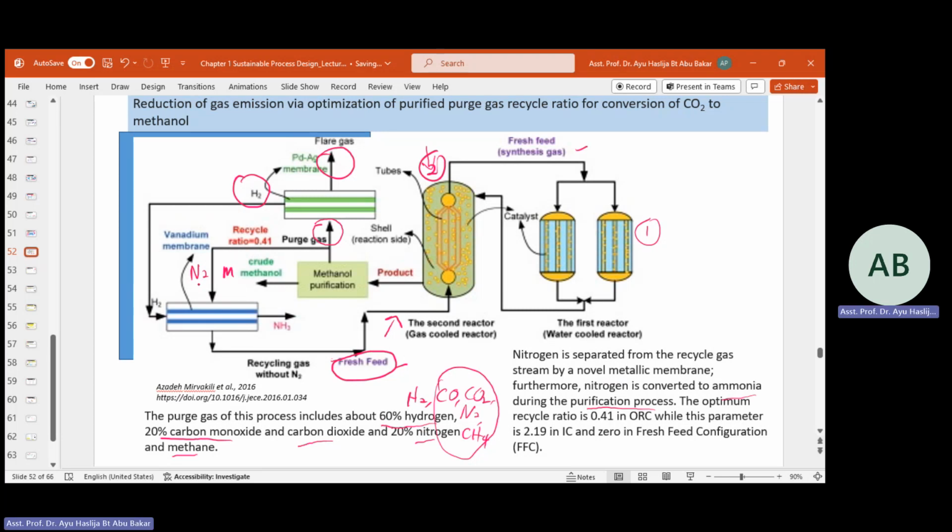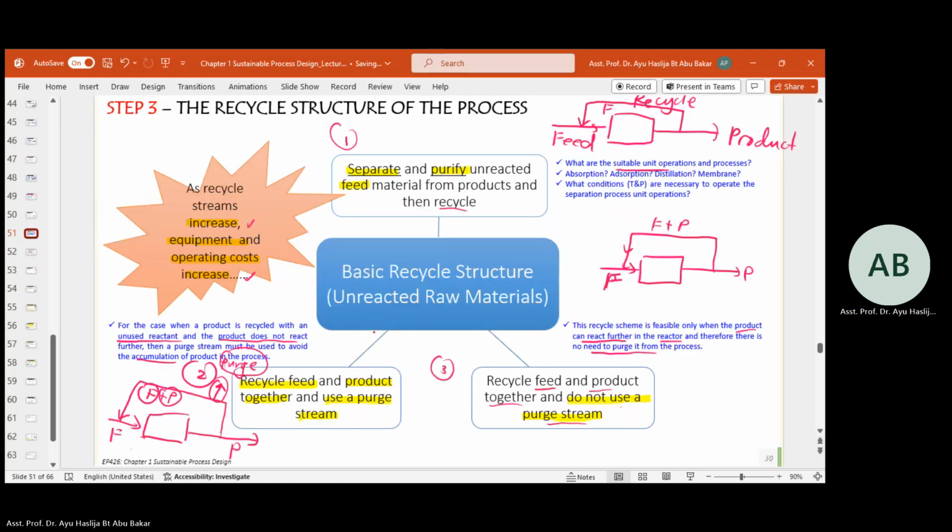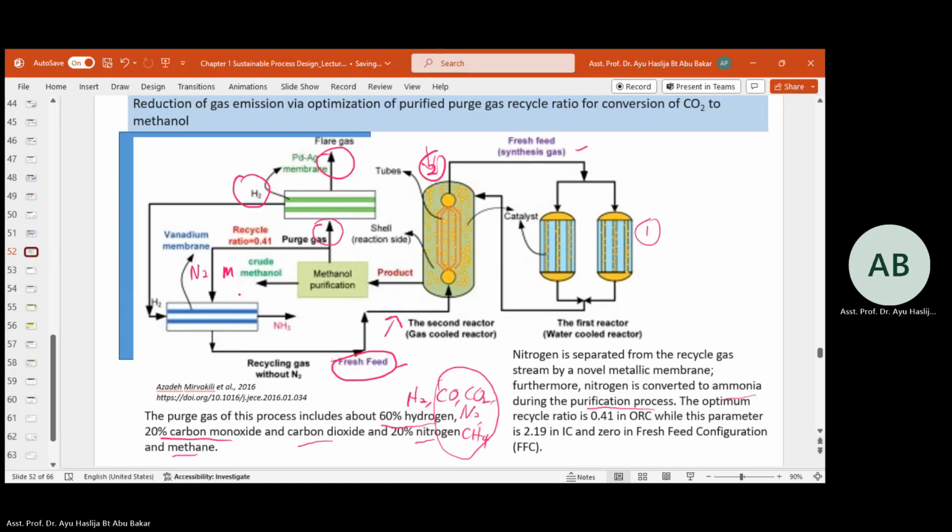Okay. Now my question is, from the three separation methods just now, we have three cases over here. Which case best describes this process on the recycle stream?